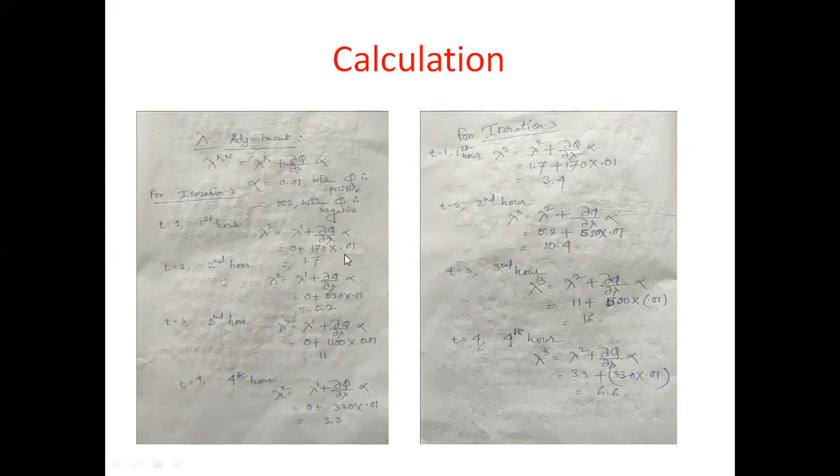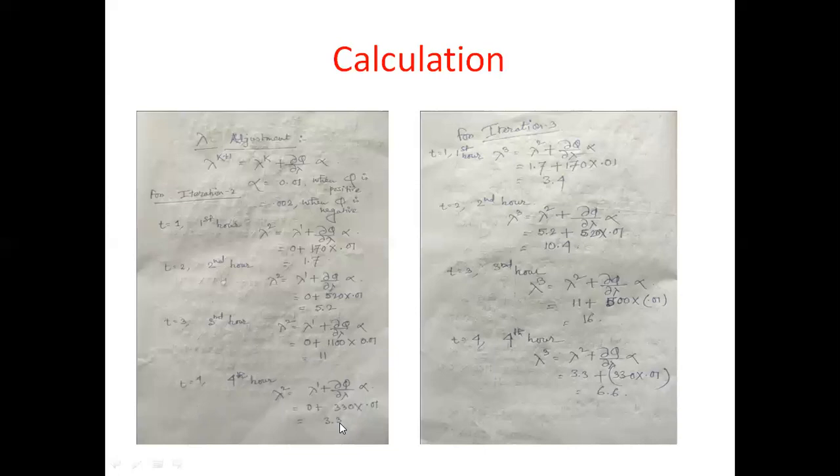So 170 into 0.01 is 1.7. At hour 2, lambda 2 is lambda 1 plus the same formula: 0 plus 520 into 0.01, that is 5.2. For the third hour, it is 0 plus 1100 into 0.01, that is 11. For the fourth hour, it is 0 plus 330 into 0.01, that is 3.3.